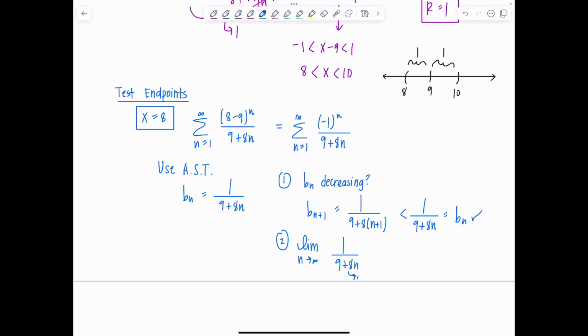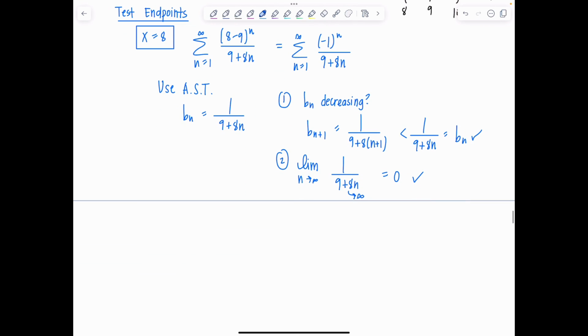Well, yeah, the denominator's going to infinity, 1 over infinity approaches 0. Perfect. So this means that the sum, n equals 1 to infinity, of (negative 1) to the n over 9 plus 8n converges by AST, which means x equals 8 is part of the interval of convergence. Yay!